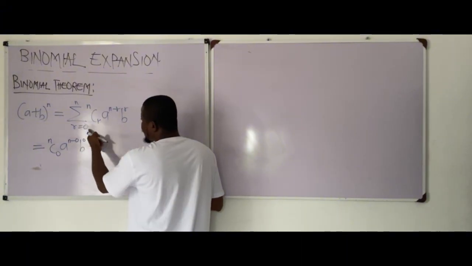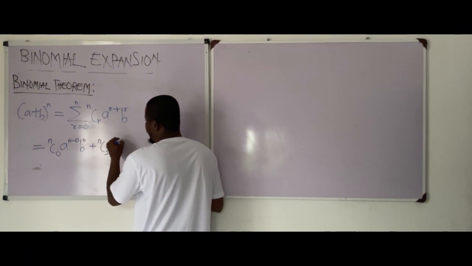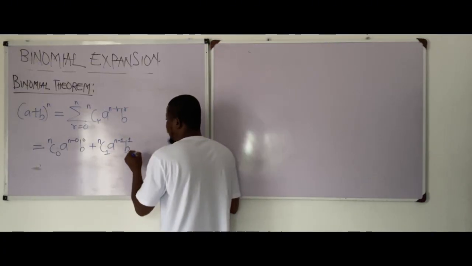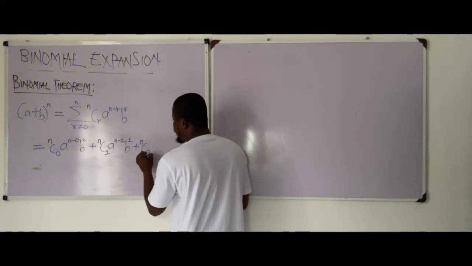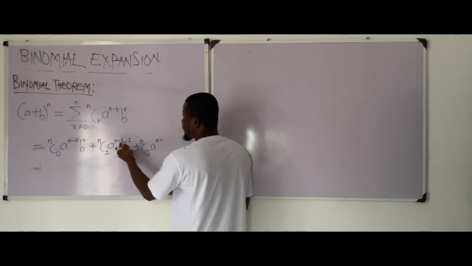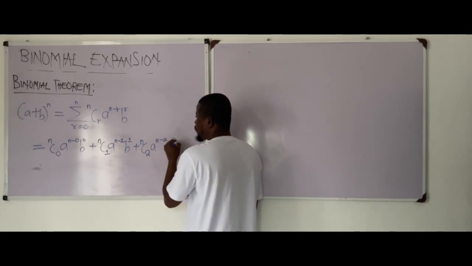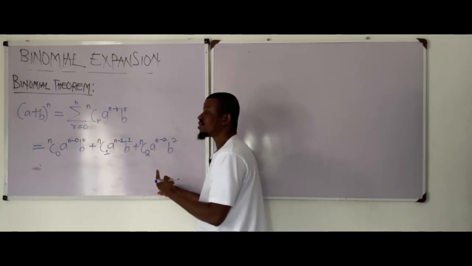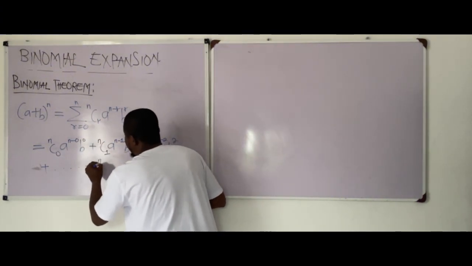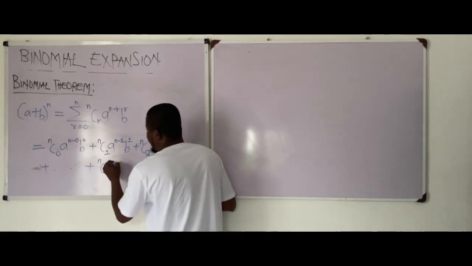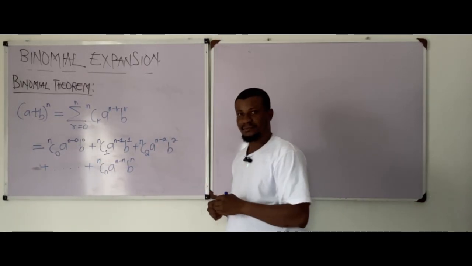R runs from 0 to n, so after 0, the next one is 1: n combination 1, a raised to power n minus 1, b raised to power 1, plus n combination 2, a raised to power n minus 2, b raised to power 2. And this summation continues till the power of n, so I have plus dot dot dot, plus n combination n, a raised to power n minus n, b raised to power n.